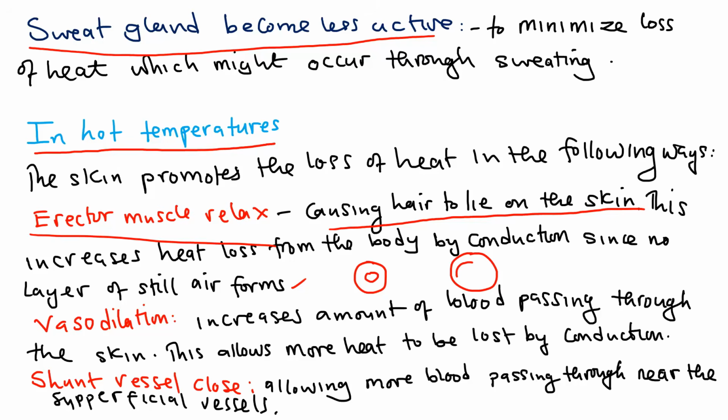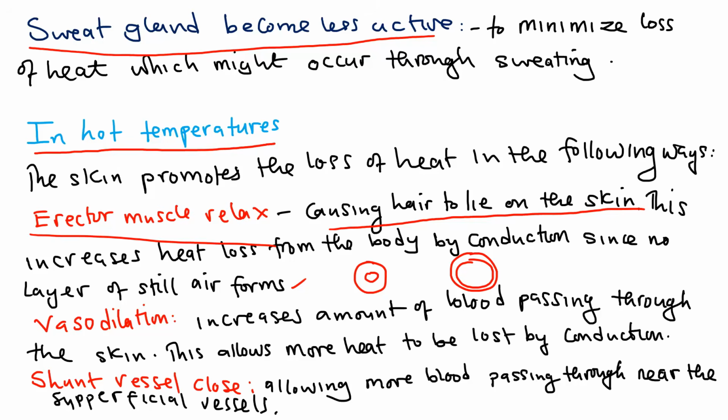Vasodilation, which means it increases in size, and this increases the amount of blood passing through the skin, and heat can be lost by conduction. So this allows more heat to be lost by conduction. So that is how vasodilation promotes the loss of heat from the body when it is too hot.